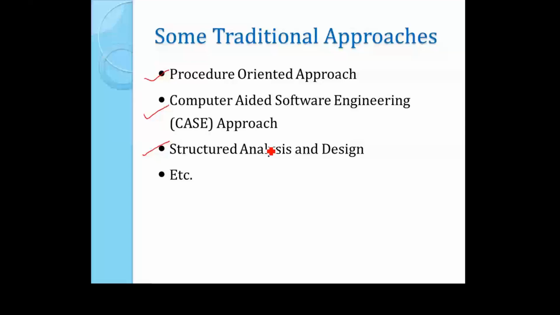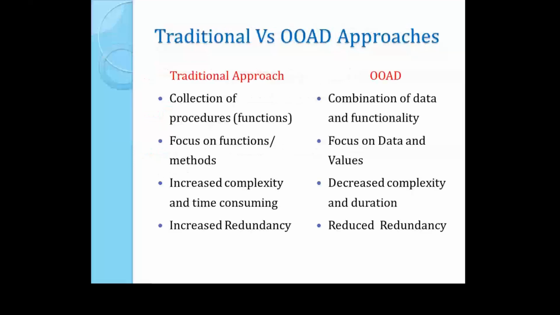There is some network delay, that's why. Yeah, now the slide is visible, I hope. So this is the difference between the traditional and object-oriented approach. The traditional approach mainly focuses on procedures or functions. Procedures will be given the utmost importance.